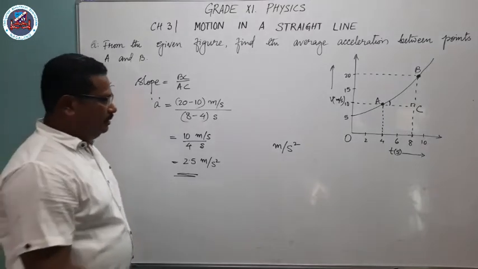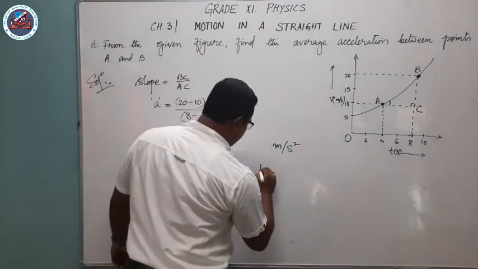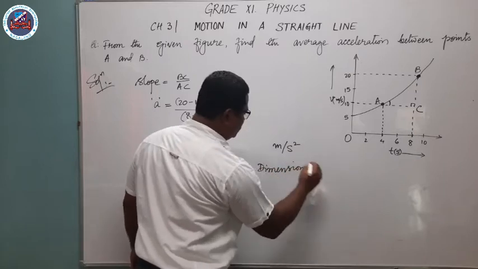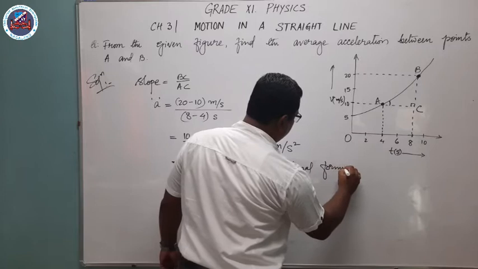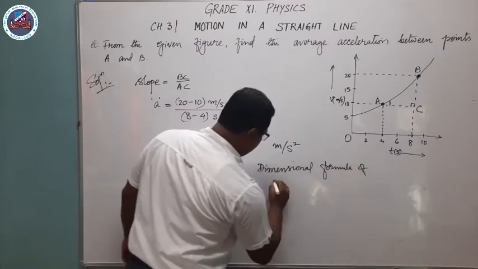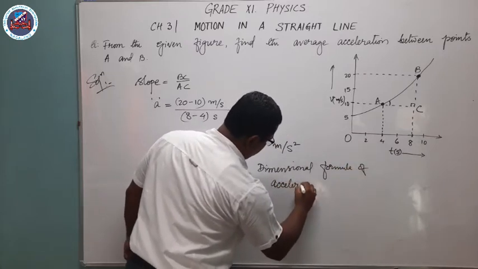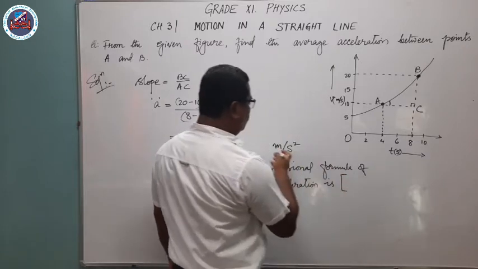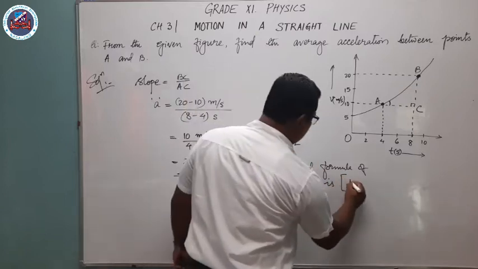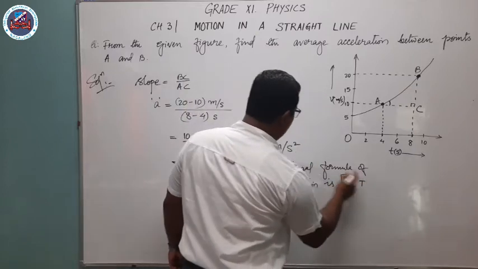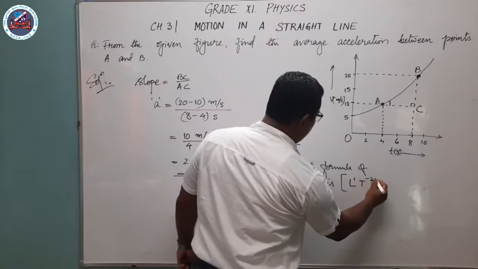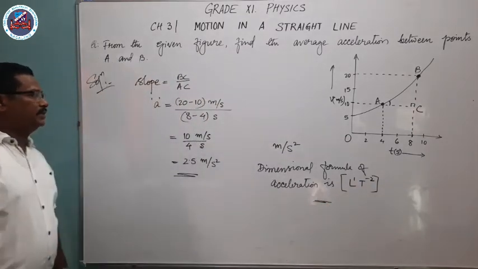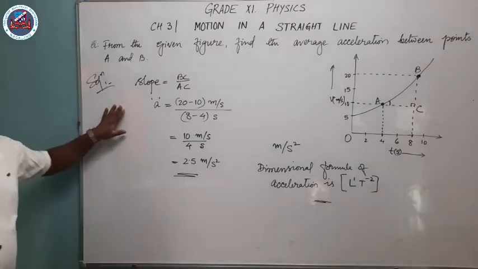And the dimensional formula of acceleration, you already know how to find dimension. There is no mass, length is on the top, 1, time is downside, so the power will be minus 2. This way you write the dimensional formula for acceleration. I hope it is clear.